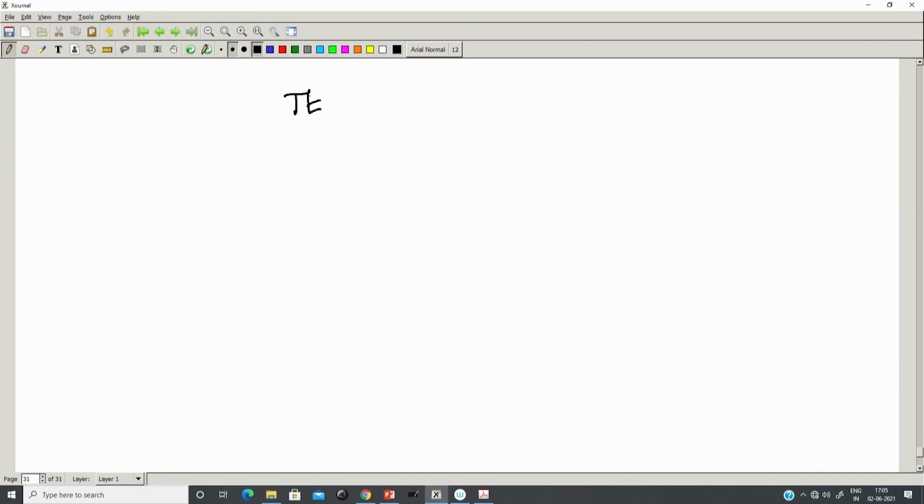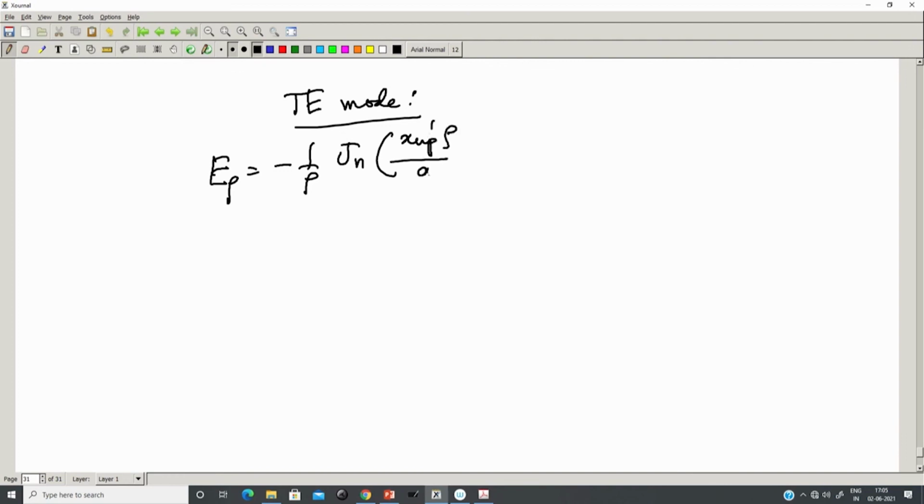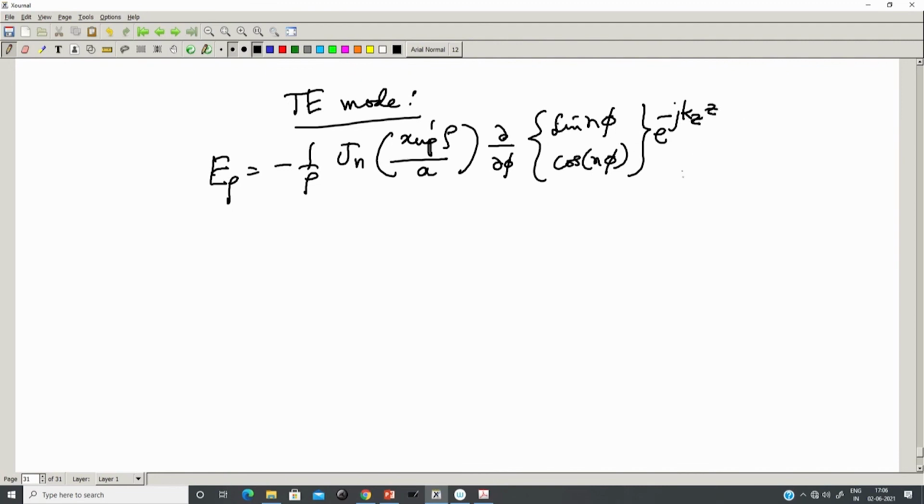And for the TE mode, if we have to compute E rho by H phi, we find E rho as minus 1 by rho del psi by del phi, with psi being Jn(x np prime rho by a) sin n phi, cos n phi, e to the power minus j kz z.